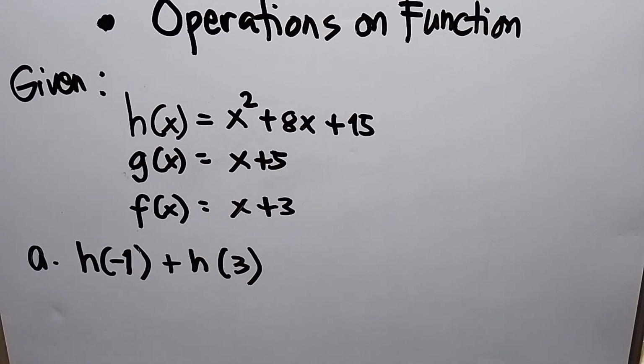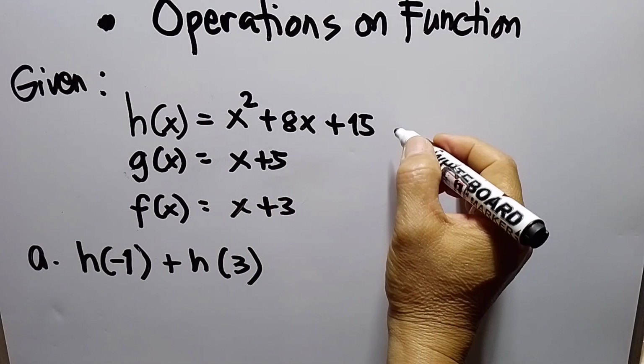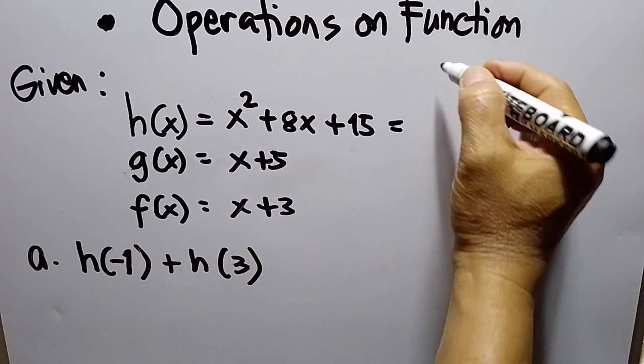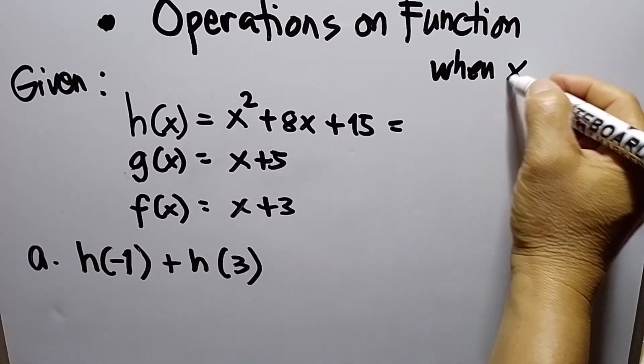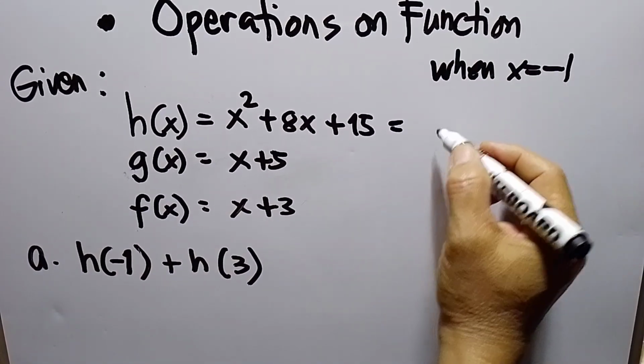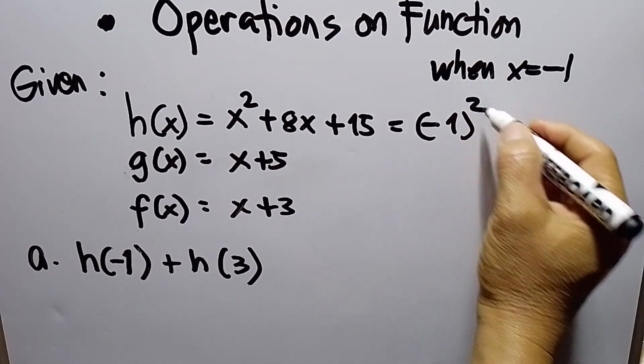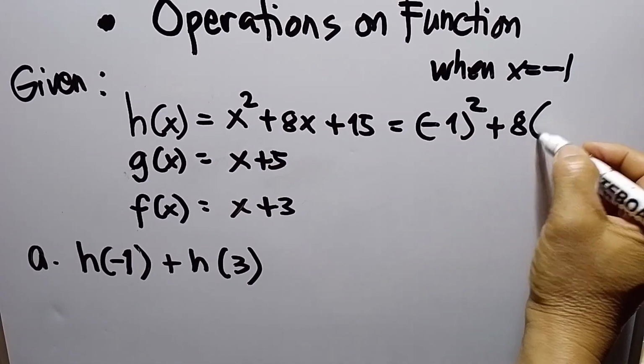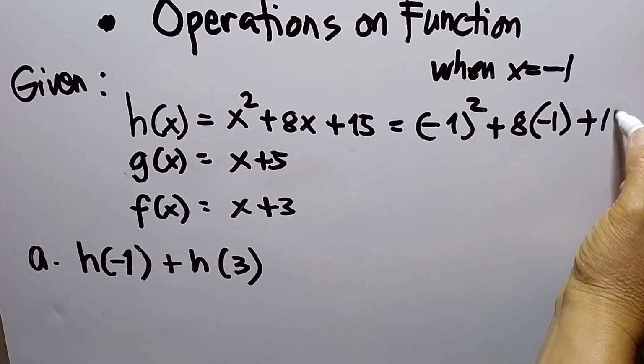Now letter A: h of negative 1 plus h of positive 3, so what's the value? We are focusing on the h function. When x is equal to negative 1, this will be negative 1 squared plus 8 times negative 1 plus 15.